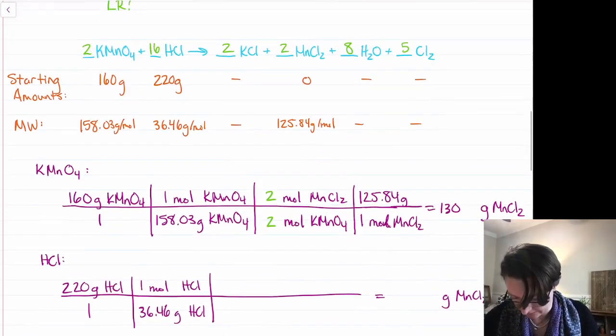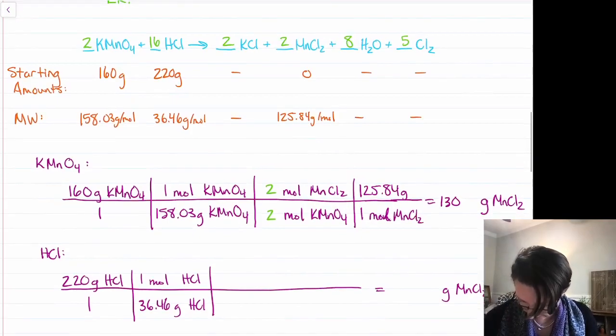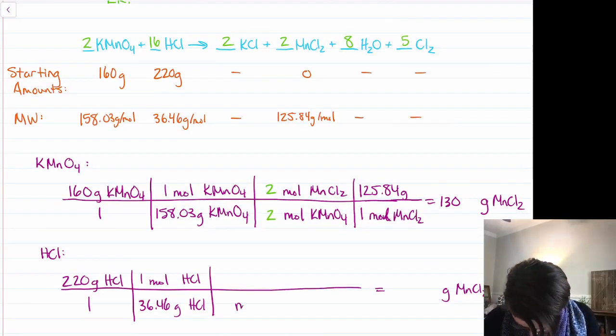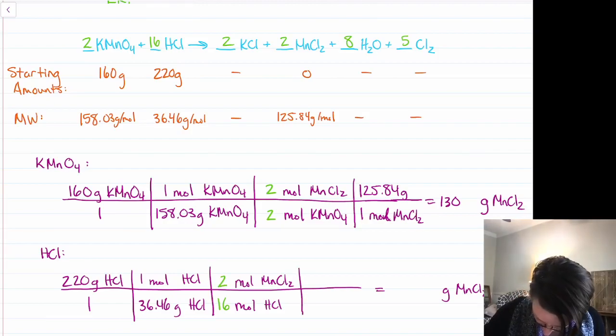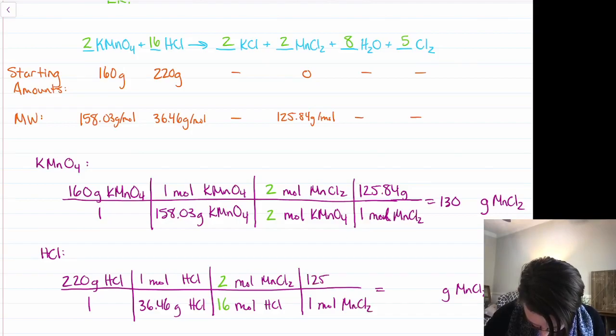Once again, we're going to have to look at our balanced equation to figure out what our mole to mole conversion is. And using the coefficients from our balanced equation, we see that we have a 16 to 2 ratio. And then last but not least, just like we did before, we're going to do a moles to grams conversion.